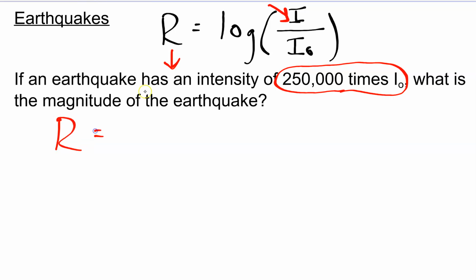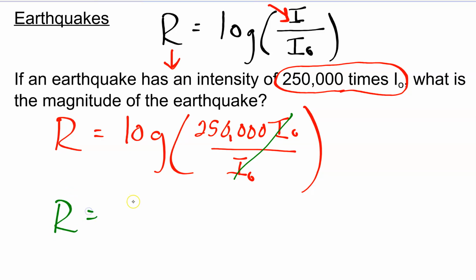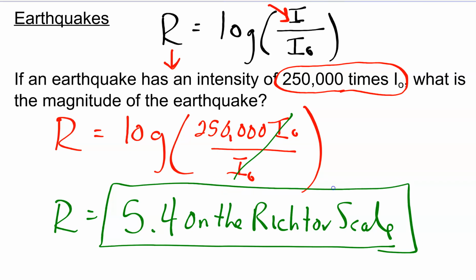It's going to be the log of 250,000 times I naught over I naught. And notice every time these will cancel out. So then you're just going to have the log of 250,000, which ends up being, and we round these to the nearest tenth, 5.4 on the Richter scale. So that earthquake was 5.4 on the Richter scale.